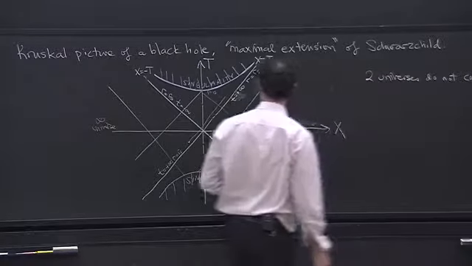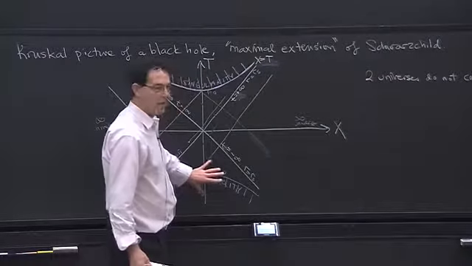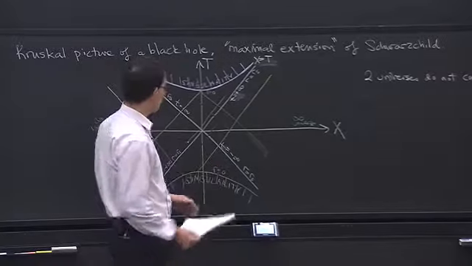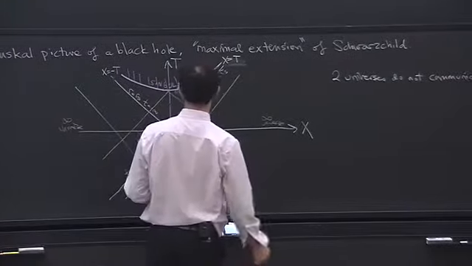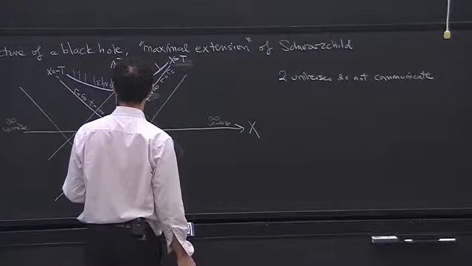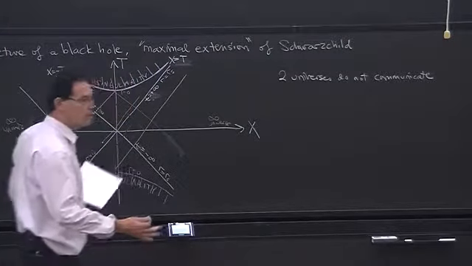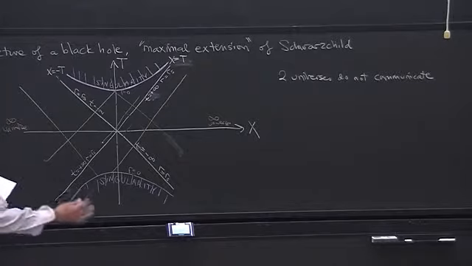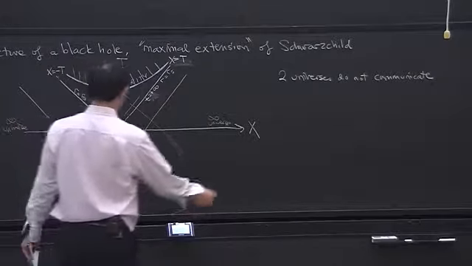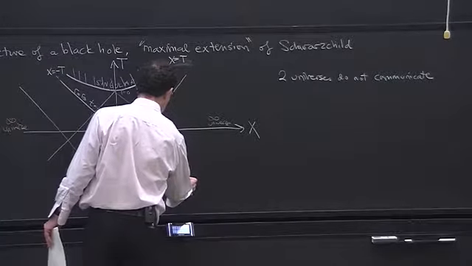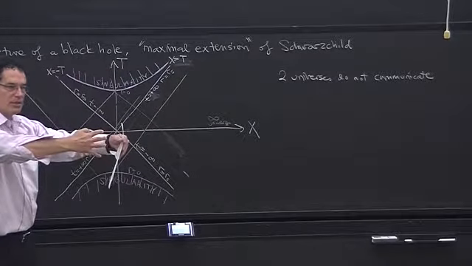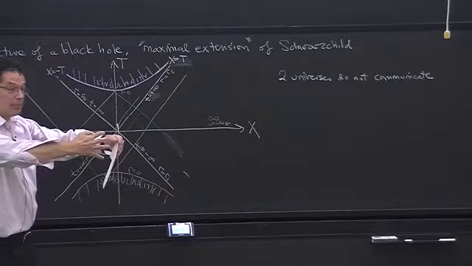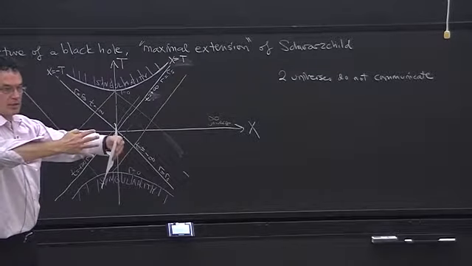In the real universe, this singularity is masked from us by the following fact: when you have a collapsing star, so as far as we know, black holes form from collapsing stars, the Schwarzschild metric is only valid outside the surface of the star, right?